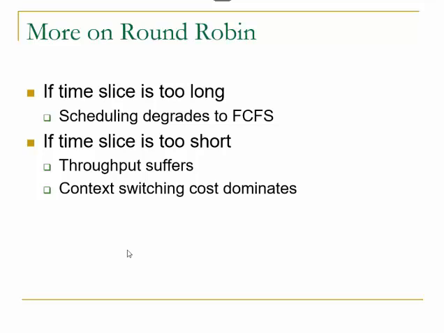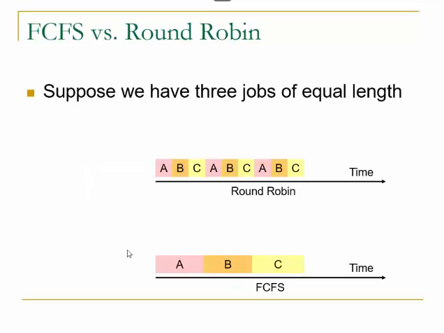Context switching is switching from one process to another, saving the current state of the process and loading the other process. So context switching increases. This is the drawback of round robin scheduling when the time slice is too short.